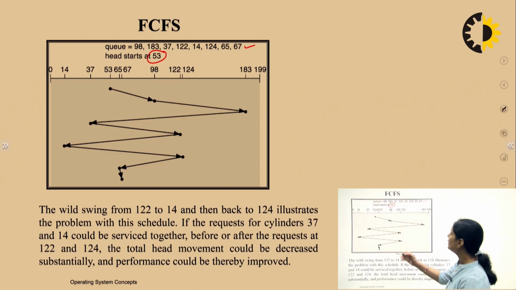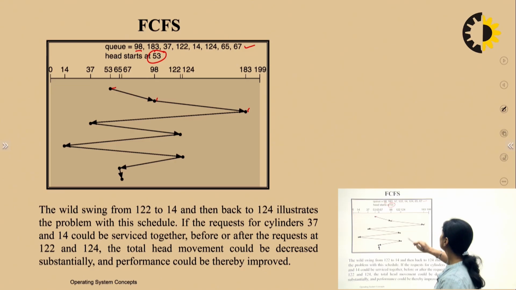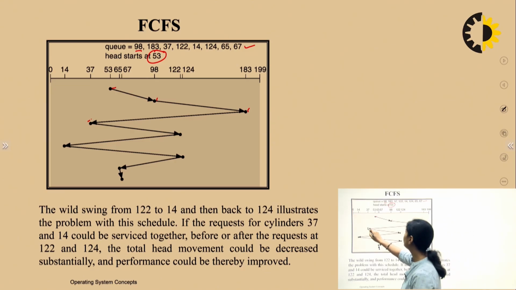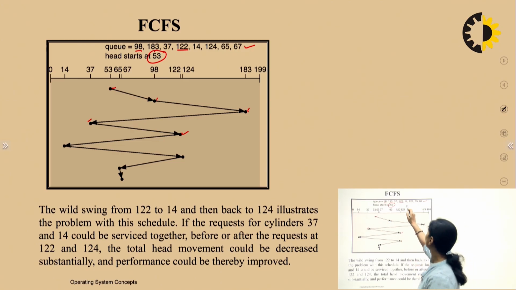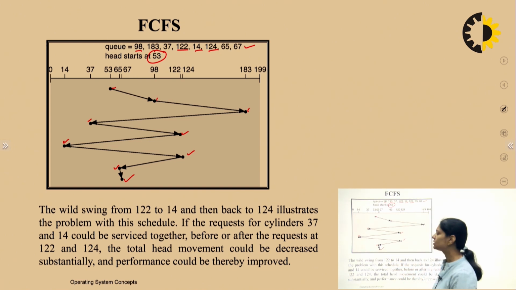From 53, it first goes to 98, then 98 to 183, then suddenly to 37, then from 37 to 122, from 122 to 14, from 14 to 124, 124 to 65, and finally to 67.